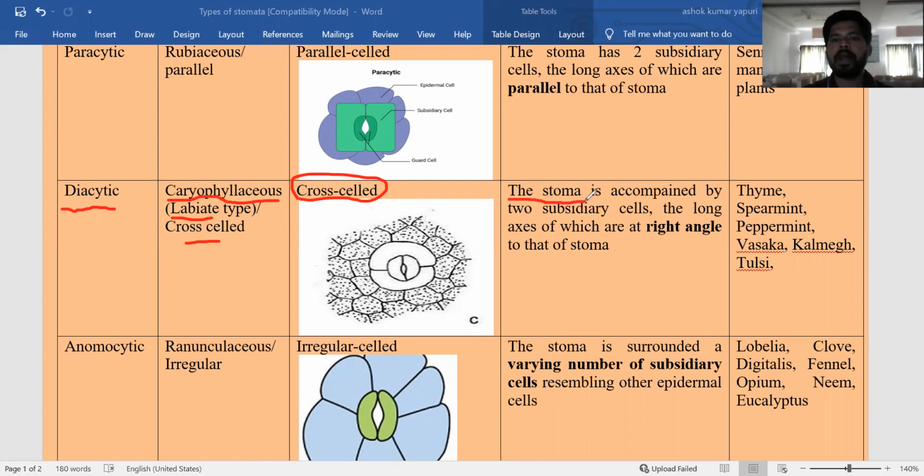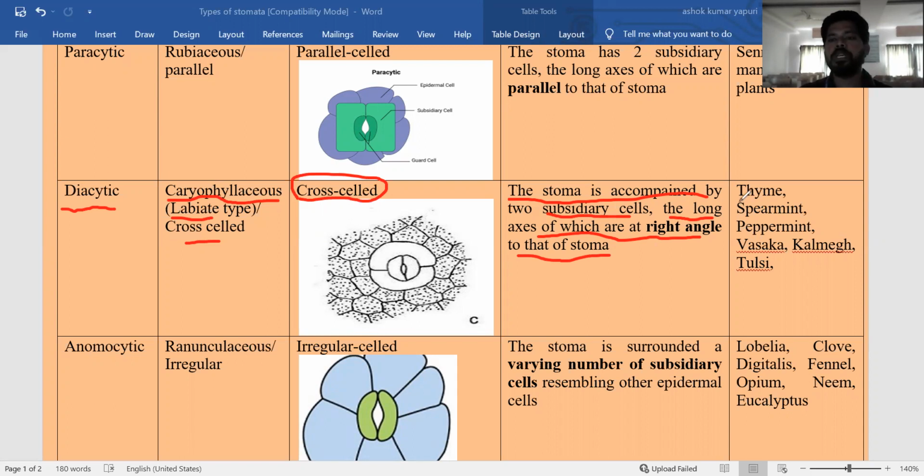The stoma is accompanied by two subsidiary cells, the long axes of which are at a right angle to that of the stoma. So finally the cells are arranged crossed here. That's why this type is also called cross celled, and other names are labiate as well as caryophyllaceous.